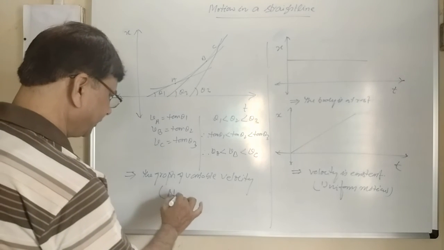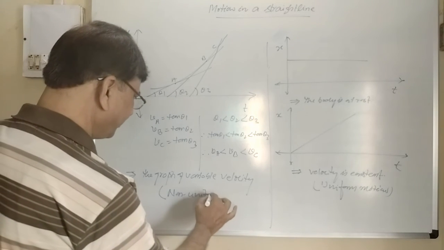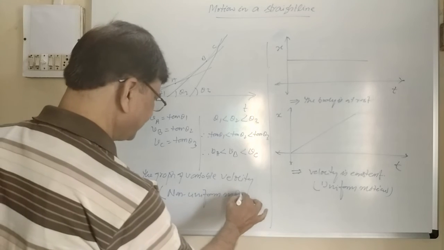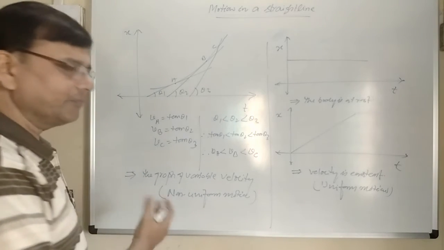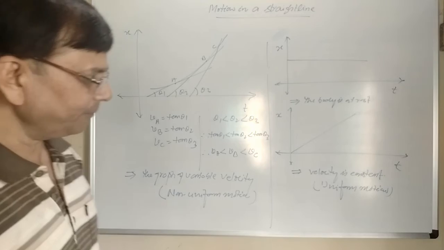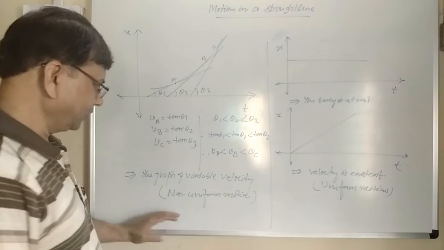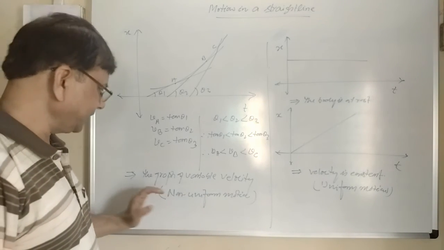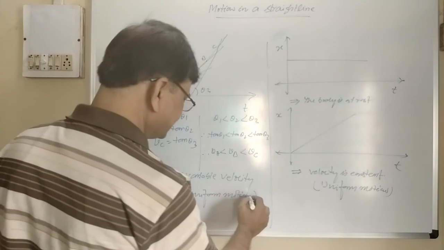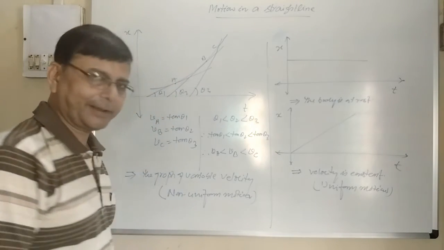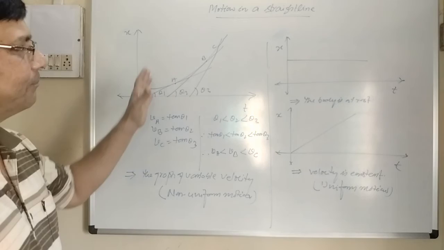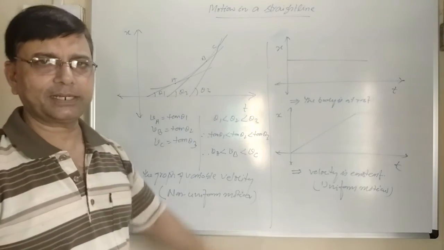And non-uniform motion or non-uniform velocity means velocity is varying, right? So these are the simple graphs of displacement and time.